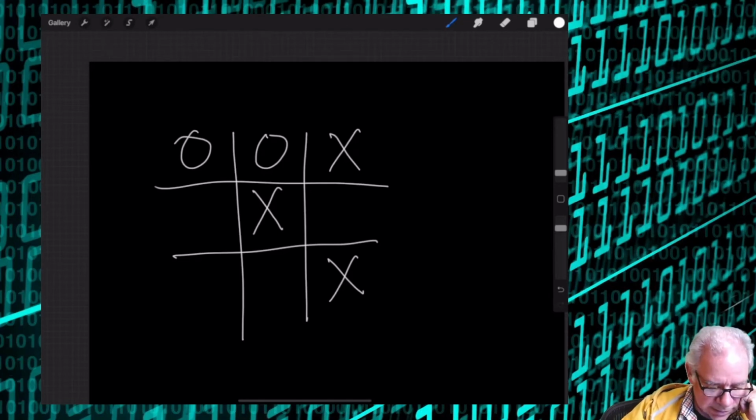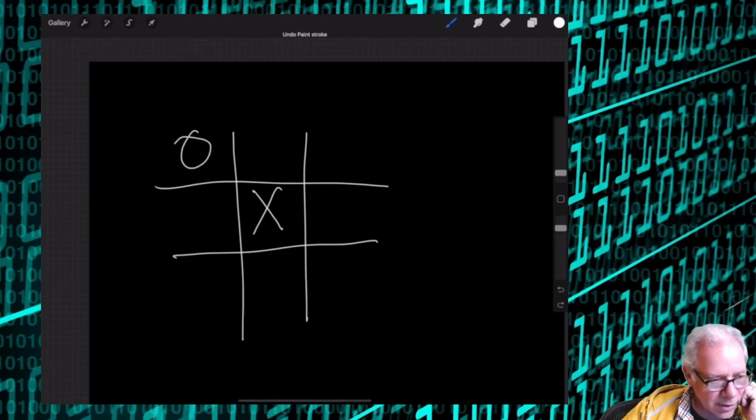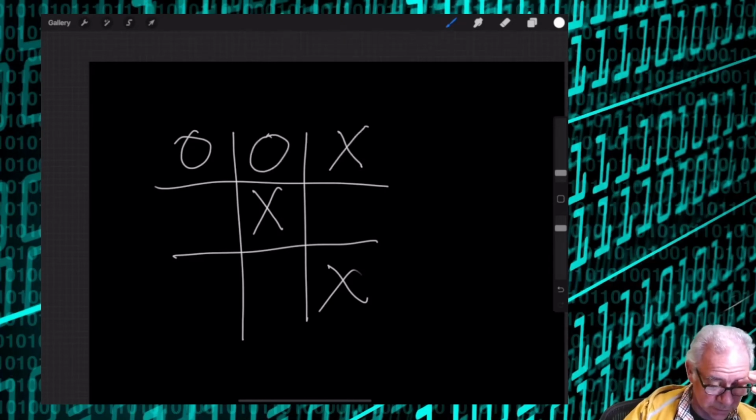But O moved to 6, and then, no, I'm sorry, I have it backwards. Let me go back again. This was the start. 1, 2. It's kind of forced to move there. And then 6. Oh, no, wait, this game is right. This game is right. I think I had X's and O's mixed up.